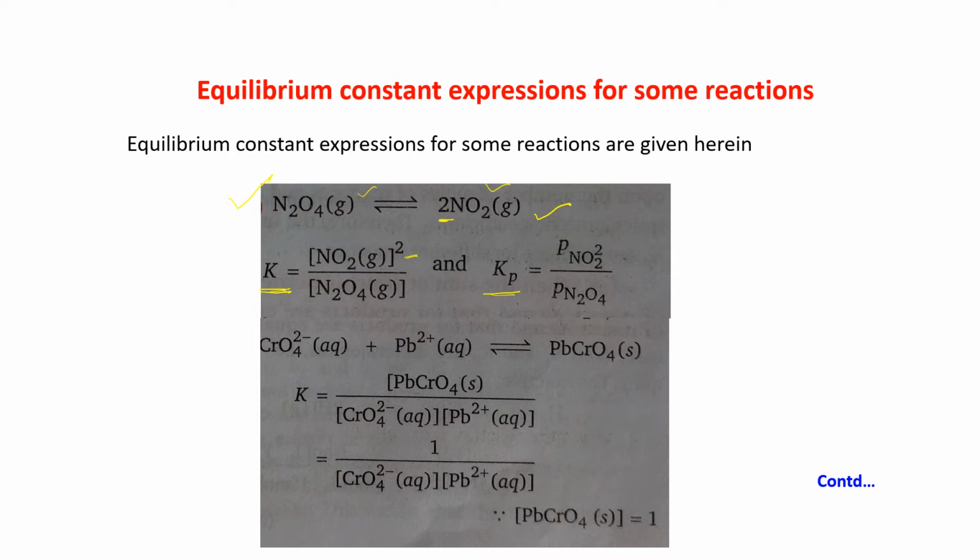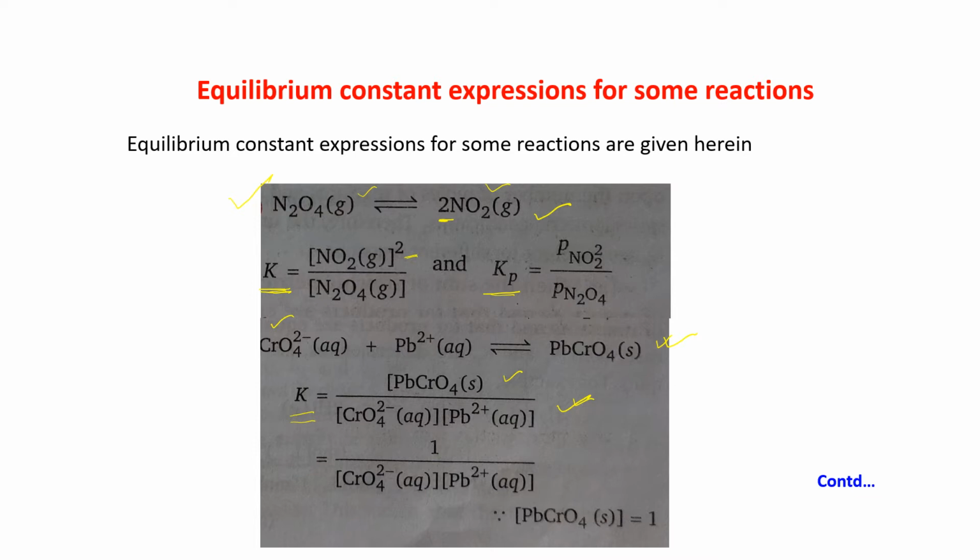Clear? Next one is CrO4 2 minus aqueous plus Pb2 plus aqueous giving you PbCrO4, that is solid. So its K should be written as PbCrO4 solid product divided by the concentration of the reactants.